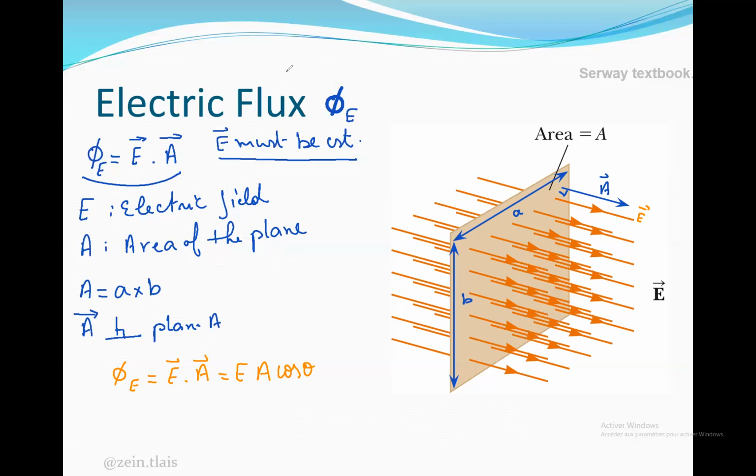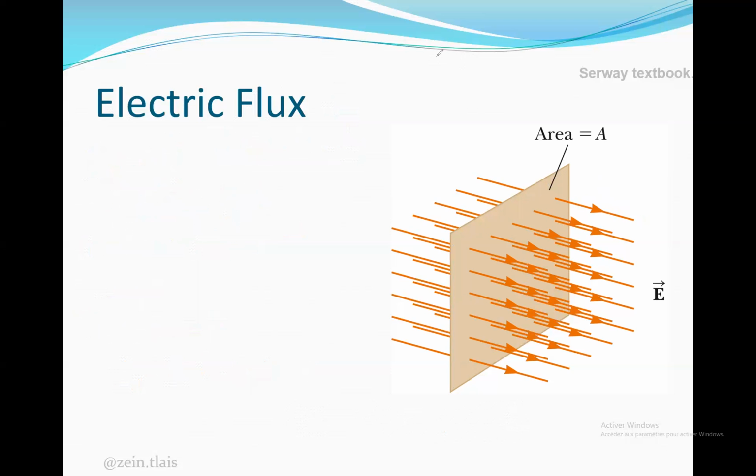I can give you another example. Let's say here we have an inclined plane, like this. I am looking from the lateral view. The magnitude of the area of this plane is A, and the vector A is perpendicular to the plane.